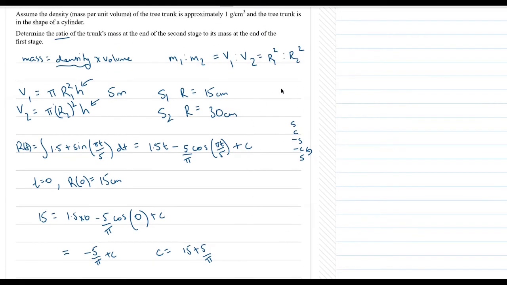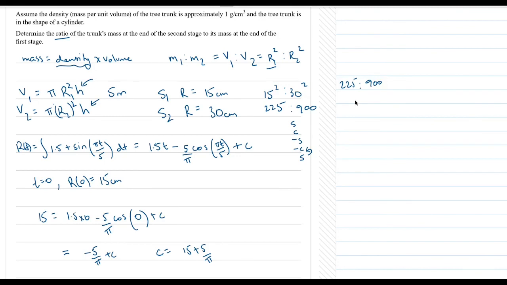And we know that our ratio of the mass is going to be the ratio of r1 squared to r2 squared. So that's going to be 15 squared to 30 squared. That's 225 to 900. And so let's simplify that.